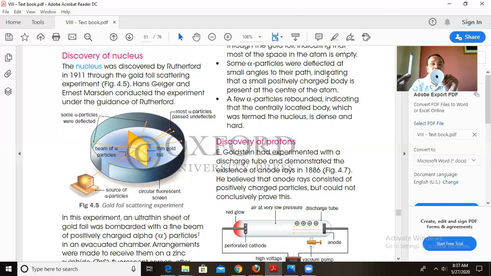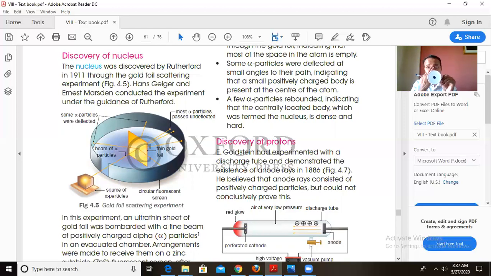Suppose this is a beam of alpha rays consisting of positively charged particles. What is going to happen when they are bombarded on this atom or the gold foil?